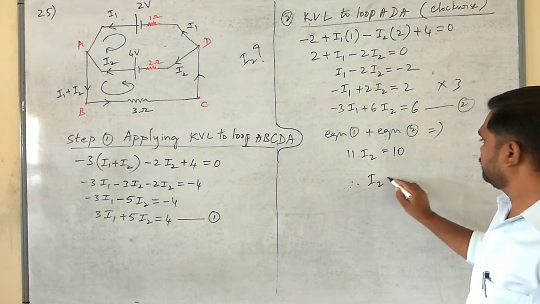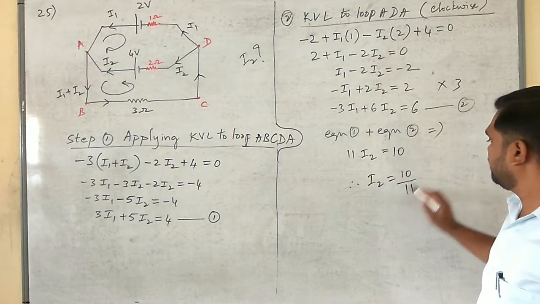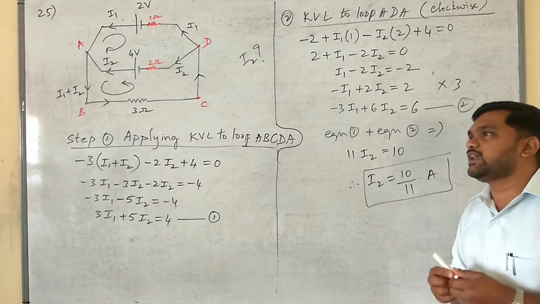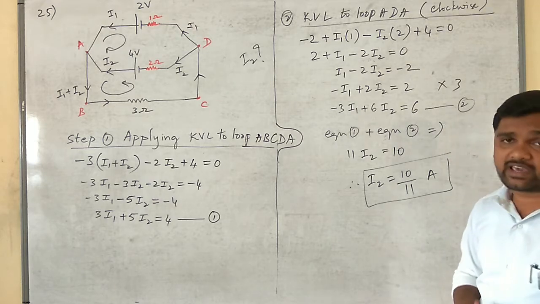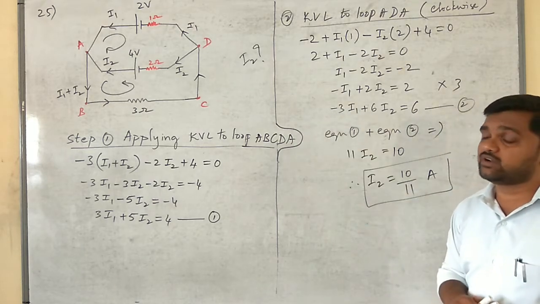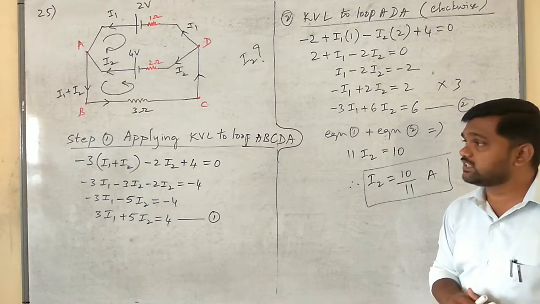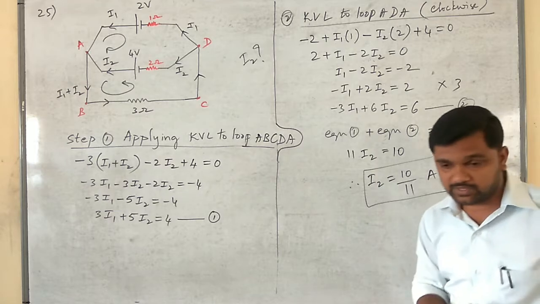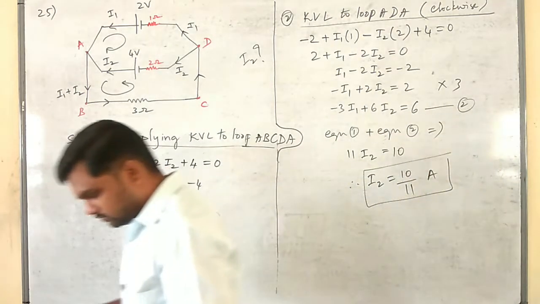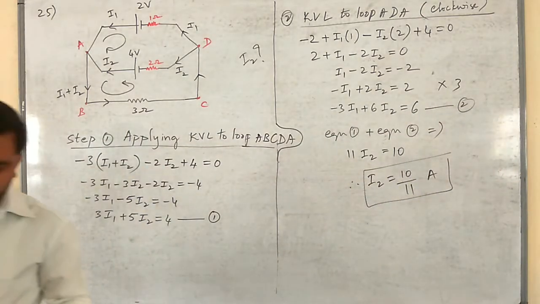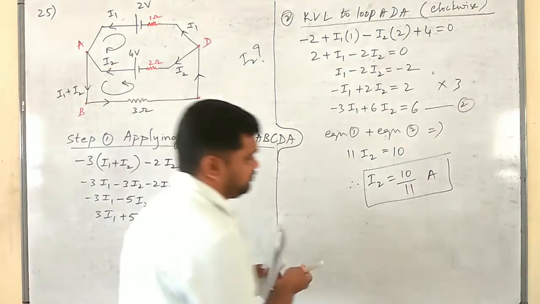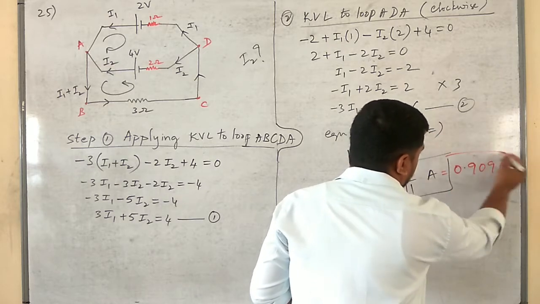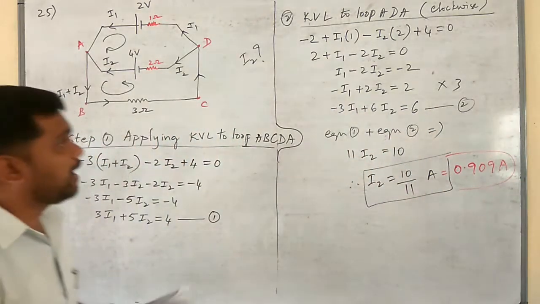Therefore I2 is equal to 10 divided by 11 ampere. 10 by 11 ಅಂತಂದ್ರೆ approximately 0.9 something ಬರುತ್ತೆ. ಓಕೆ, ನೋ ಪ್ರಾಬ್ಲಮ್. ಹೀಗೆ ದ ವ್ಯಾಲ್ಯೂ ಆಫ್ I2 ಅನ್ನು ನಾವು ಫೈಂಡ್ ಔಟ್ ಮಾಡುವಂಥದ್ದು. ಗೊತ್ತಾಯ್ತಲ್ಲ ಏನ್ ಮಾಡಿದ್ದು ಅಂತ. ಸೊ 2 ಸಾರಿ KVL ಅನ್ನು ಅಪ್ಲೈ ಮಾಡ್ಕೊಂಡು ಆನ್ಸರ್ 0.909 ಬರುತ್ತೆ. 0.909 ಆಂಪಿಯರ್.